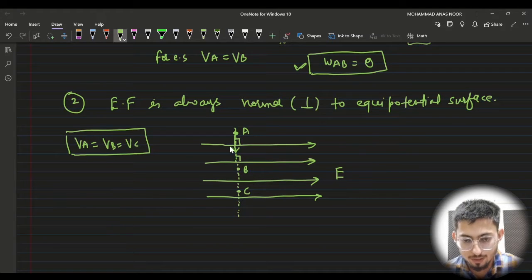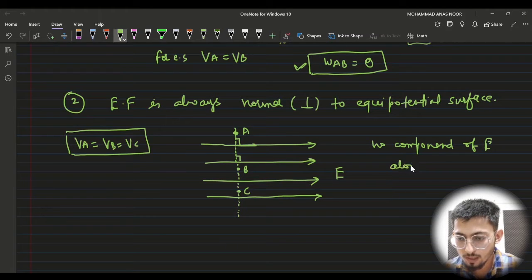But it's not so in equipotential surface. Electric field is like this. There is no component along AB, isn't it? No component of E along the line ABC, let's say.